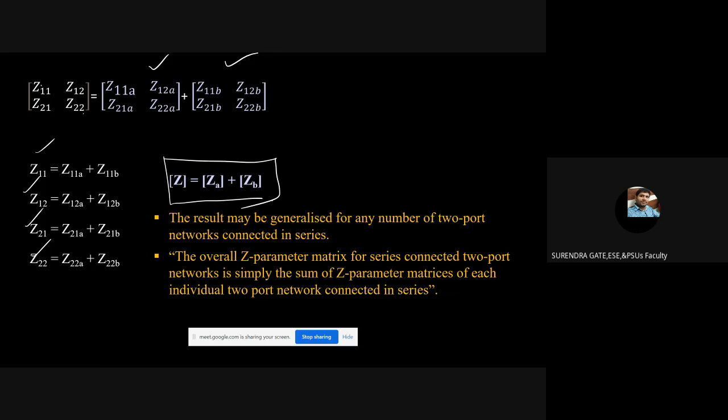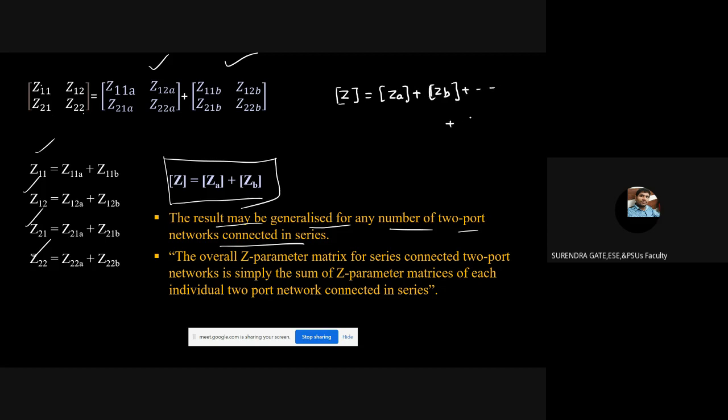Clear, friends? The result may be generalized for any number of two-port networks connected, not only two networks. Then the resultant Z matrix equals ZA plus ZB and so on plus Zn. This is valid for any number of networks.